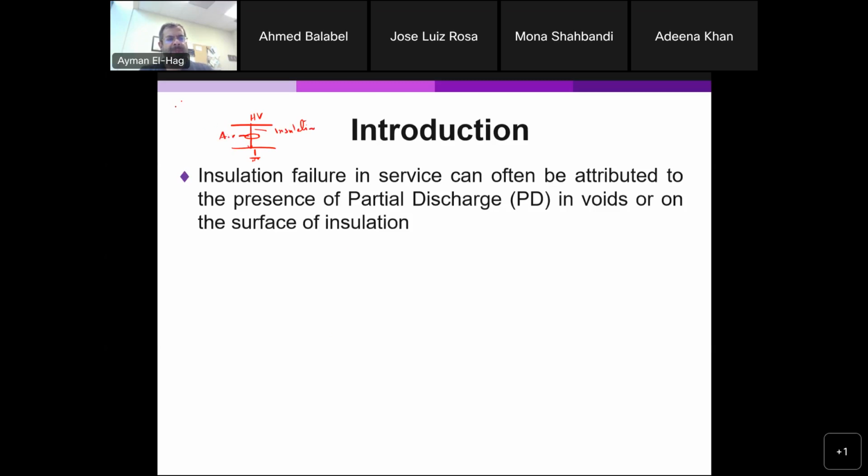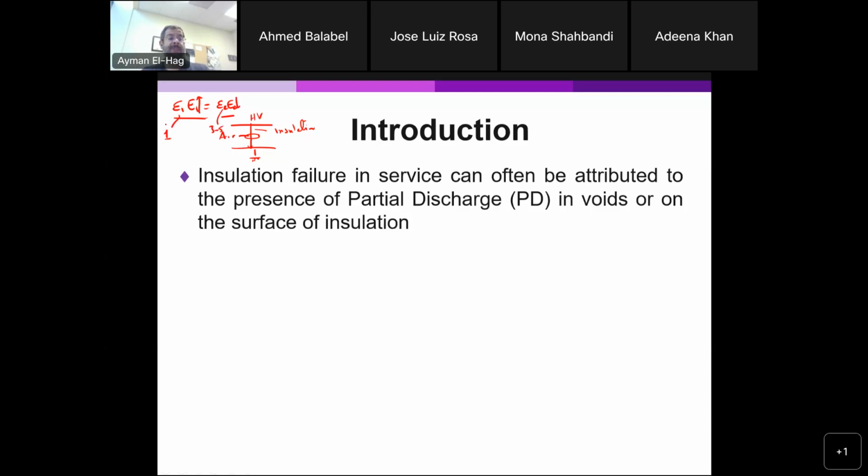So epsilon 1 E1 is equal to epsilon 2 E2. At the interface between the insulating material and air, you will have this relationship that governs the flow of the electric field. In air, epsilon is equal to 1. In the dielectric material, it's 3 to 5. So the electric field inside the air void is larger than the electric field in the insulating material.